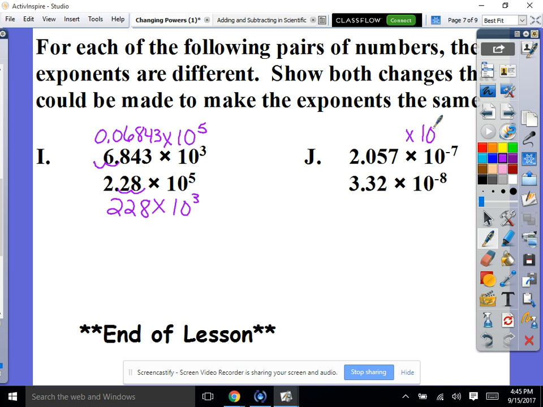All right, if we change the top one to have an exponent of -8, that means we have made the exponent smaller by 1, so we have to make the coefficient bigger by 1. And if we change 3.32 times 10 to the -8 to have an exponent of -7, we're making the exponent 1 bigger, so we have to make the number 1 smaller.